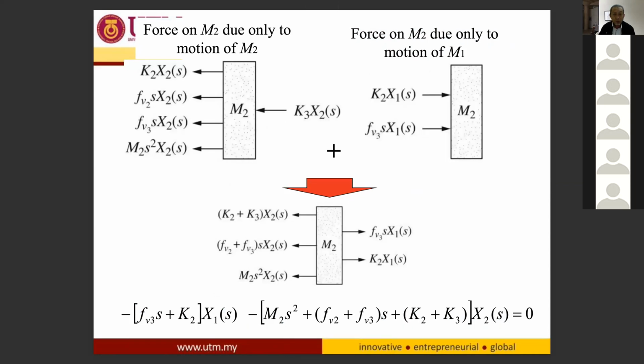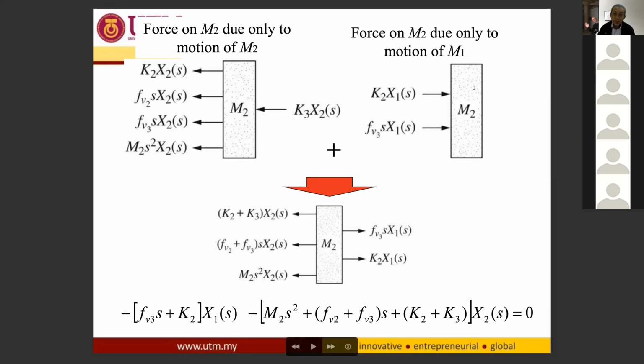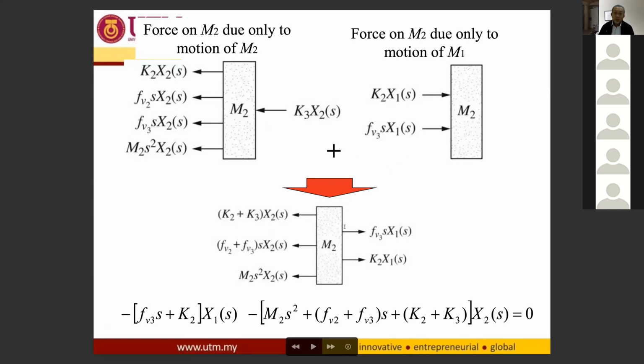And then for M2, force on M2 due only to the motion of M2, and force on M2 due to the motion of M1. Sum them together, and you produce the force equation. So 3 forces on the left and 2 forces on the right.